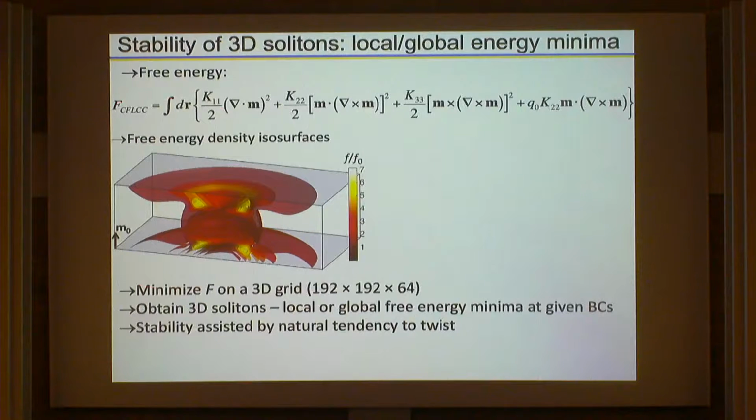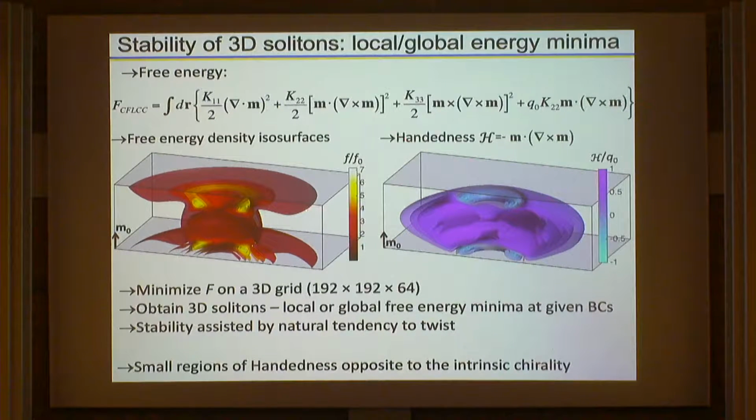We can then observe these spatially localized three-dimensional structures, and here I depict one of them with the help of free energy isosurfaces. As you can see, within this localized structure, within most of the volume, we have relatively low free energy density, but there are regions of a little bit higher free energy density as well.